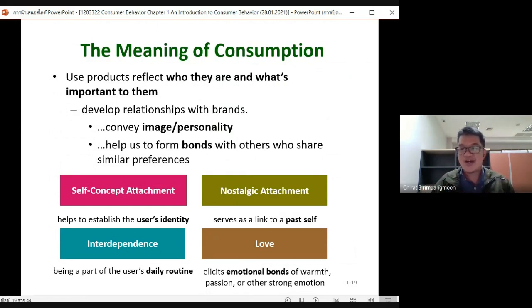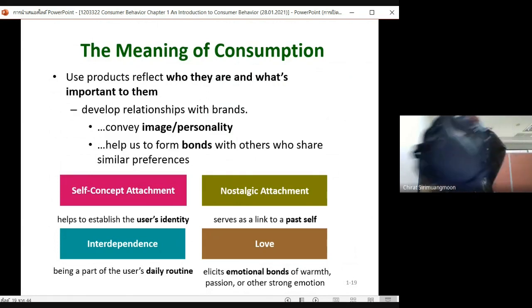You define yourself as a big fan of hip hop songs. That is self-concept attachment. Then nostalgia attachment is when you link to something you have from the past. This can be an object that presents yourself in the past too.